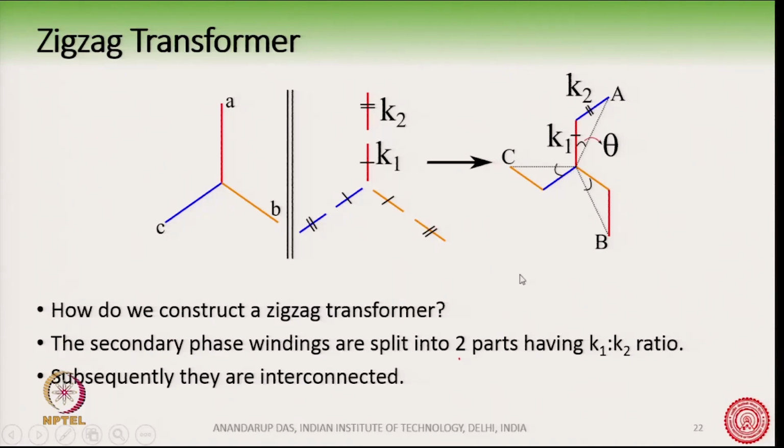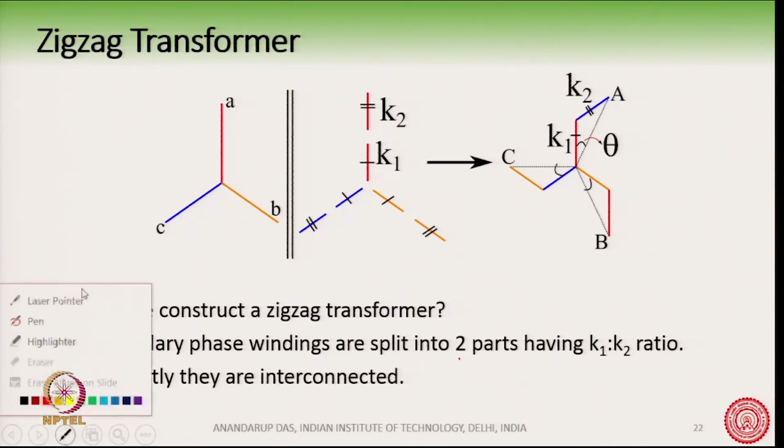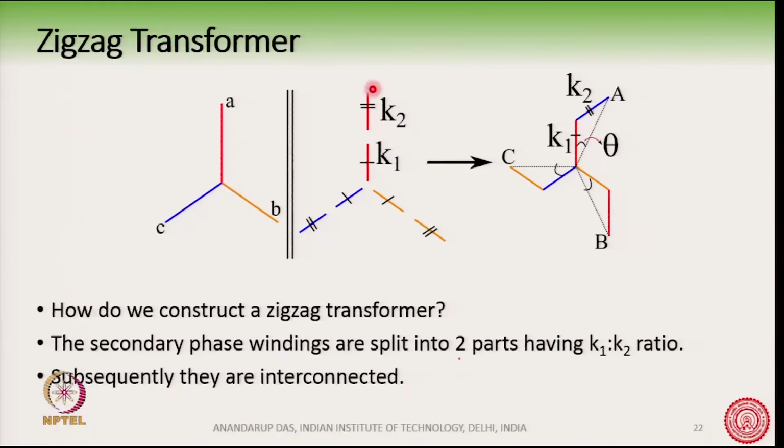For example, you can see here that this is the R phase winding and the R phase winding is split into 2 parts, and we can say that their turns ratios are K1 and K2.